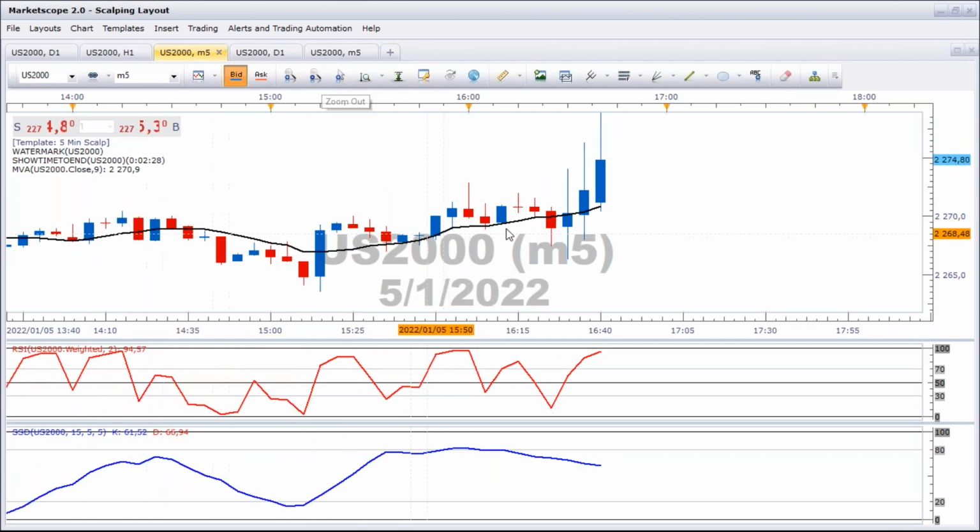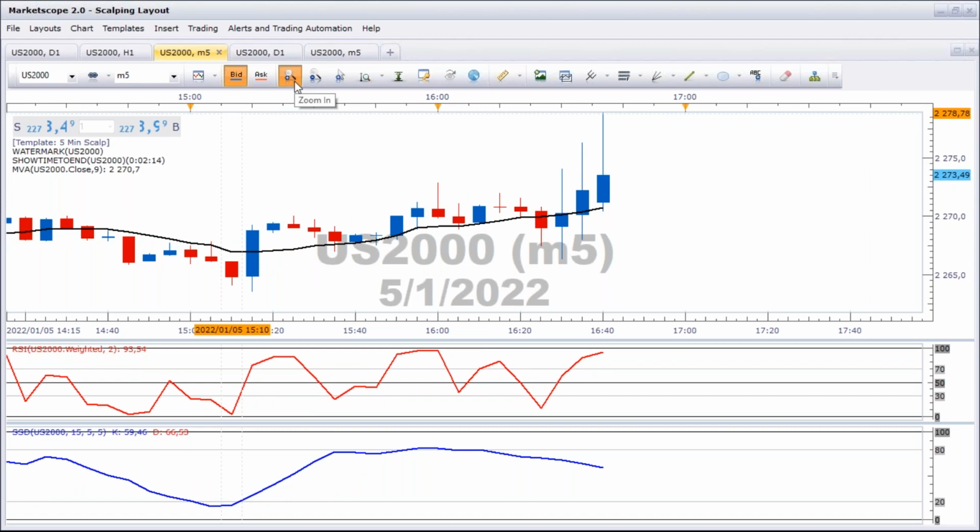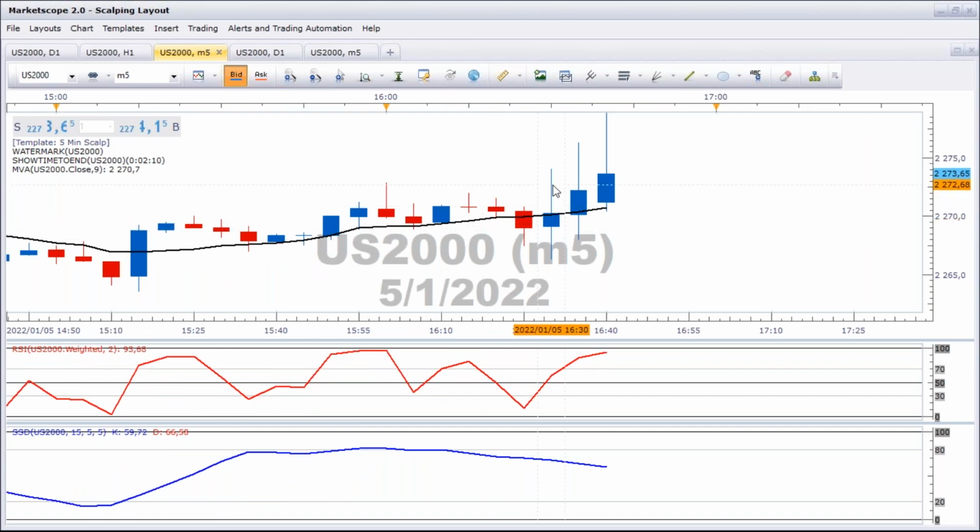So you can see that we are moving sideways. This is about the biggest candle over here, but we're going back about an hour and a half. If you come through to the right-hand side, here's the market open, and you can see the volatility here has increased notably.